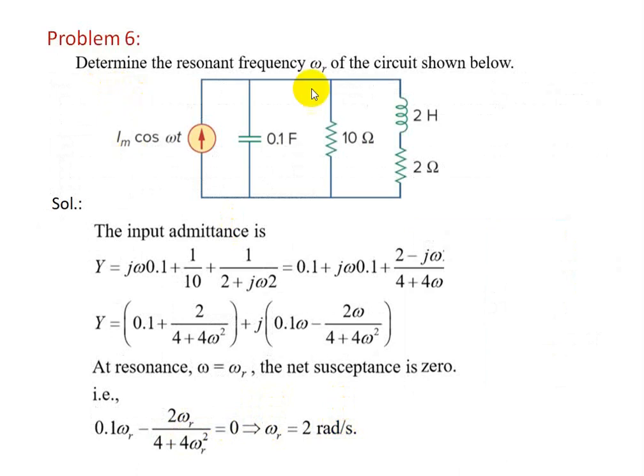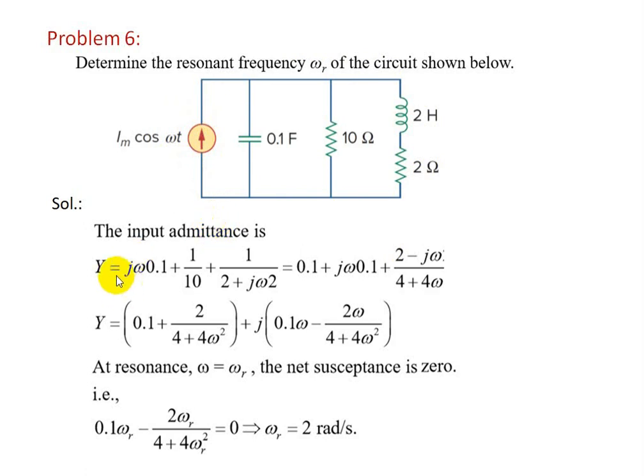Next problem. Determine the resonant frequency omega of the circuit shown in the figure below. So this is the circuit. Im cos omega t is the current source, then 0.1 microfarad, 10 ohm, and in the last branch we have 2 henries and 2 ohms. For this type of circuit, we are asked to find the resonant frequency. If a circuit of this type is given, which is not of standard type, then you can always write the equation for admittance.